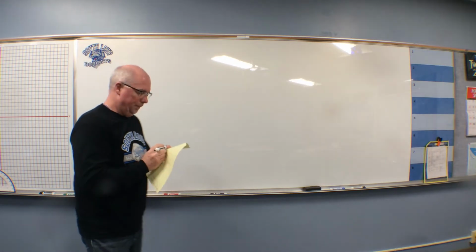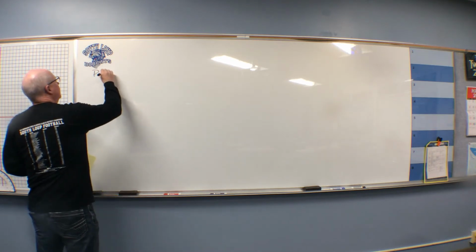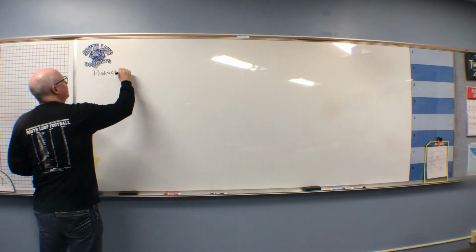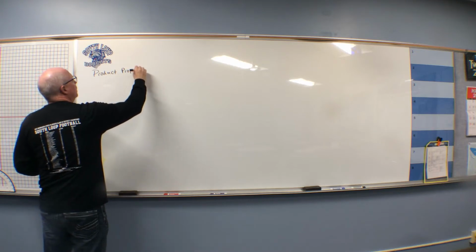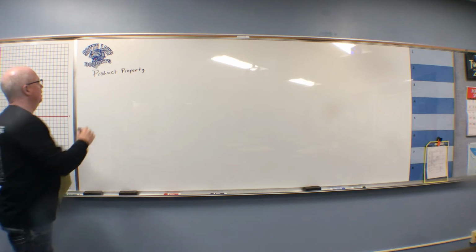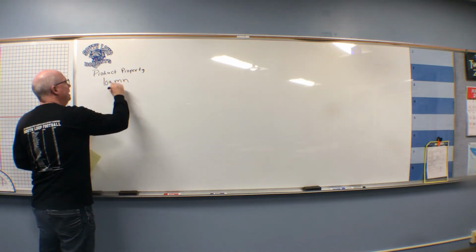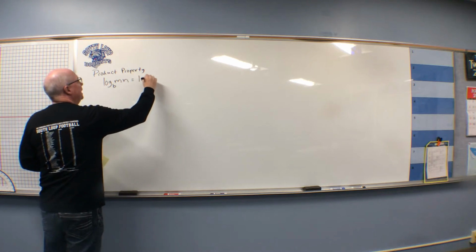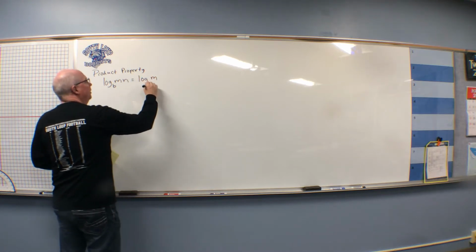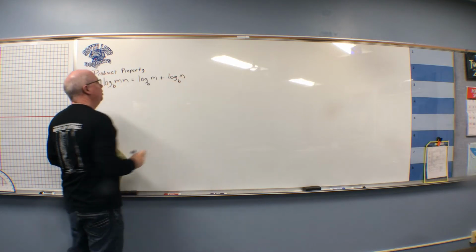The first one is called the product property. The product property basically says that if we have the log of a product, base b, we can simply add the two together, whatever those values are.